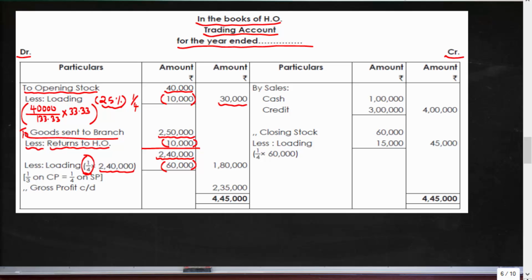So 60,000 is the profit loaded on goods sent to branch. 2,40,000 minus 60,000 gives 1,80,000.